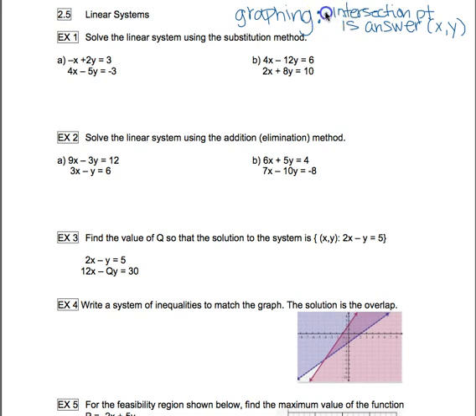If when you graph them, the lines are parallel, which will happen if they have the same slope but different y-intercepts, that means that there's no solution.